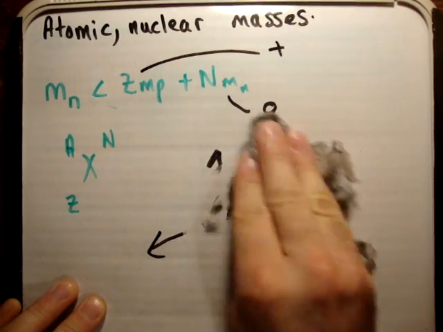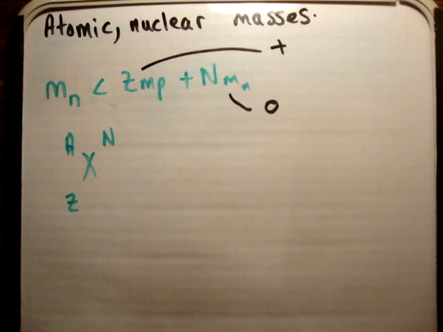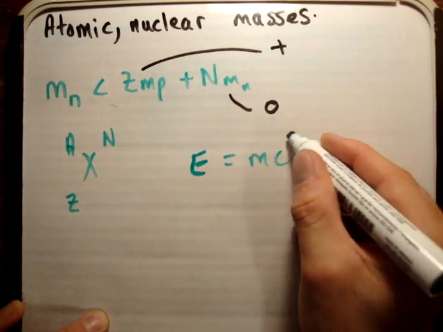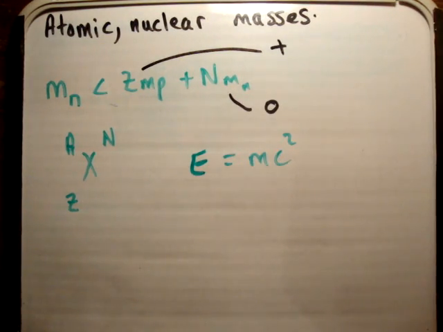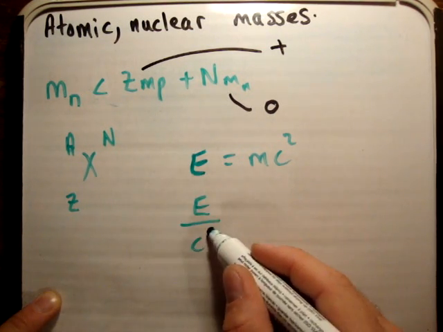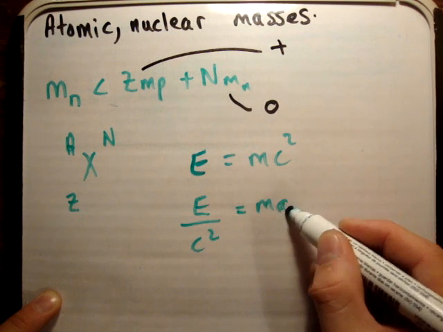And what happens is, some of the mass is converted into energy. So everybody has heard, I'm assuming, of the formula E is equal to m times c squared. And that means that mass and energy are the same. The only difference is this multiplication of the speed of light squared. So that means that you can get a mass by dividing an energy by c squared. That's a mass.